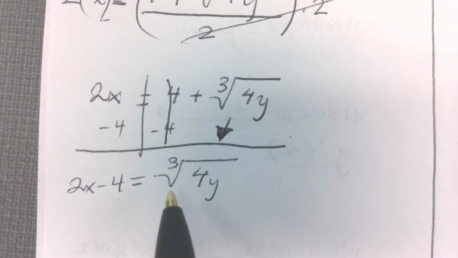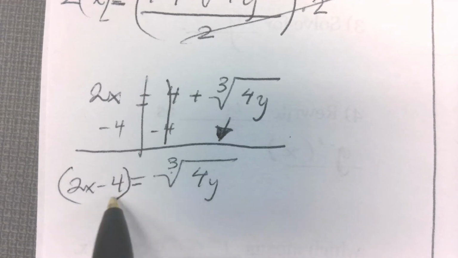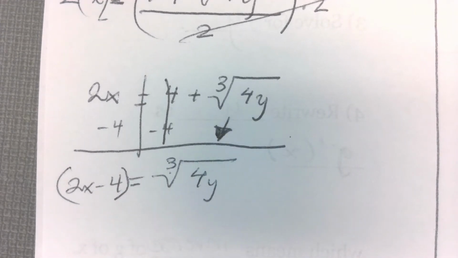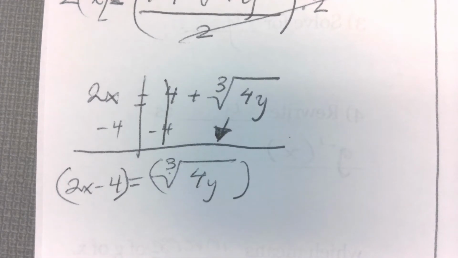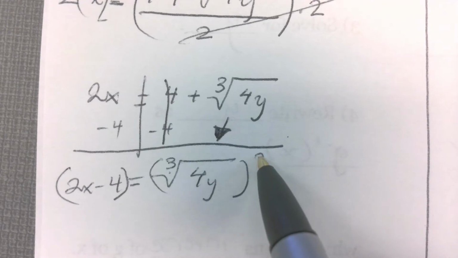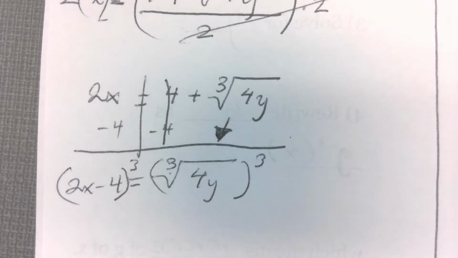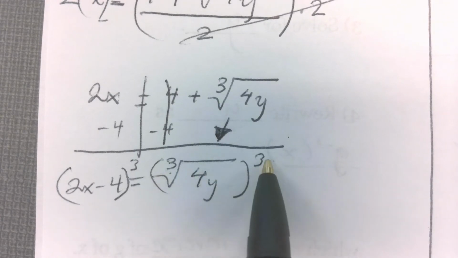How do I get rid of a root? This is a cubic root. How do I get rid of that? Power of 3, exactly. So I'm going to put parentheses on this whole side. I'm going to put parentheses on this whole side. And what power are we going to use to cancel out that 3? 3. What do we do with these 2 3's? Cancel out.